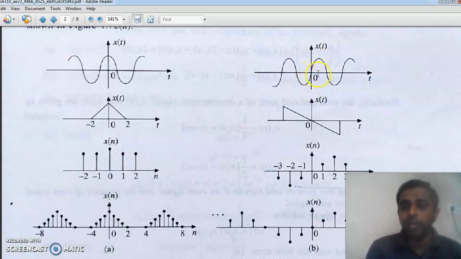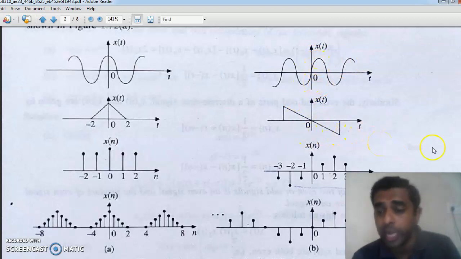This is minus Vm, but here it is plus Vm. Suppose t is equal to minus half, we have minus Vm here, and for t equal to plus half, you have plus Vm here. That is how this definition works. So this is anti-symmetric with respect to the vertical axis.